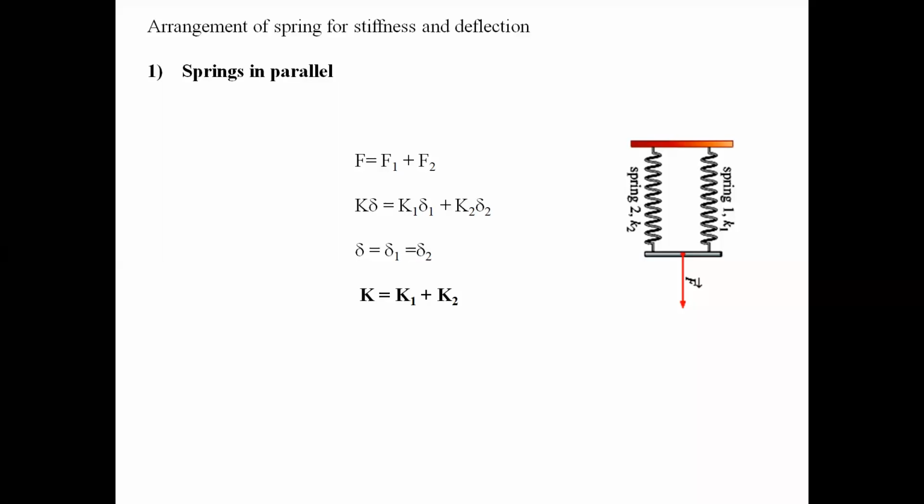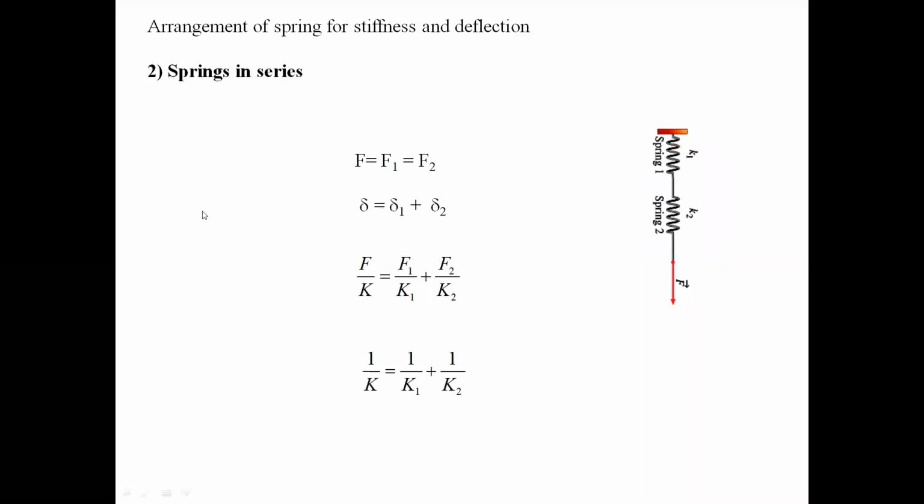So k is equal to k1 plus k2. If there are n number of springs, then we can add them together to get an equivalent spring. So if I want to increase the stiffness, I can use parallel springs. If you add more springs, obviously the stiffness is going to increase. So this is one arrangement.